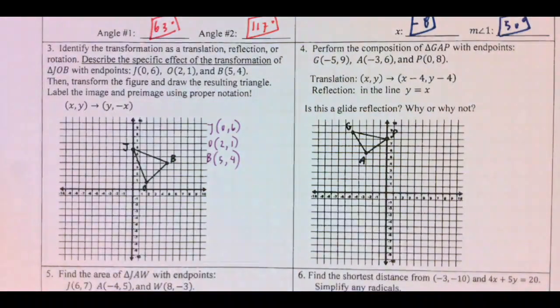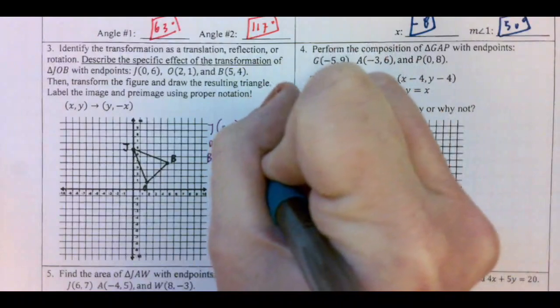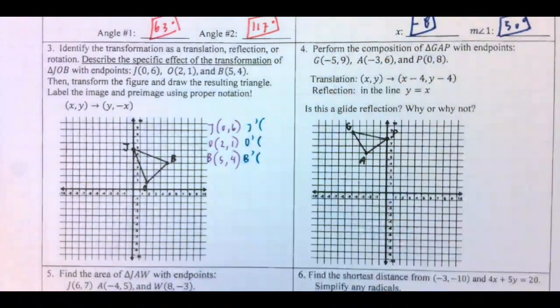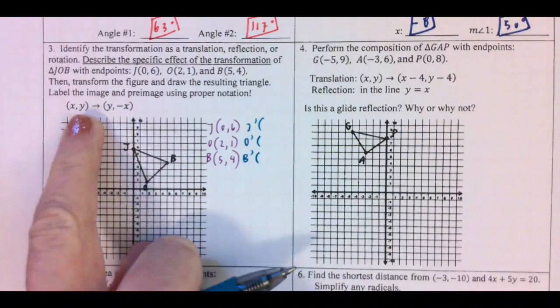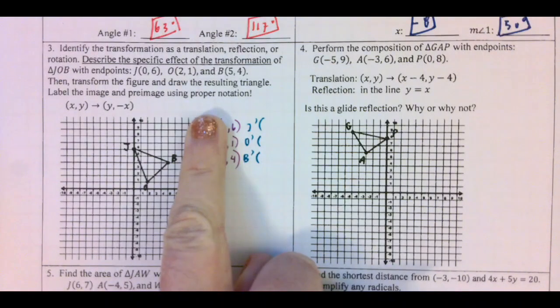Okay, and then right beside it, I'm going to have my J prime, O prime, B prime. So remember looking at the rule, the original y is going to go first now. So all of the coordinates of these points are going to go first.